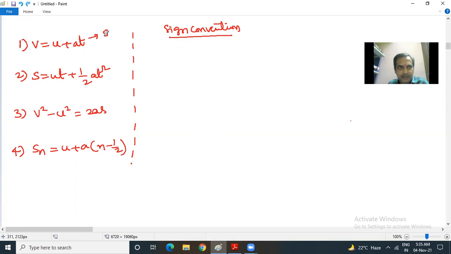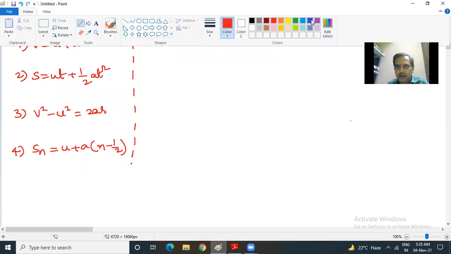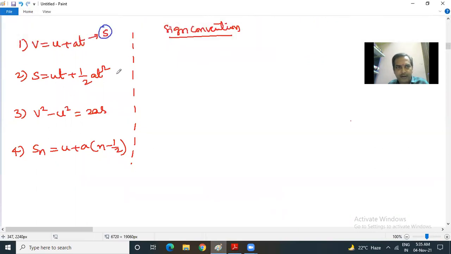In the second equation, final velocity is missing. In the third equation, t is missing. And in the last equation, final velocity is missing. So all the equations have 4 physical quantities, but the total physical quantities we use to write the equations of motion are 5. But in every equation there are only 4.